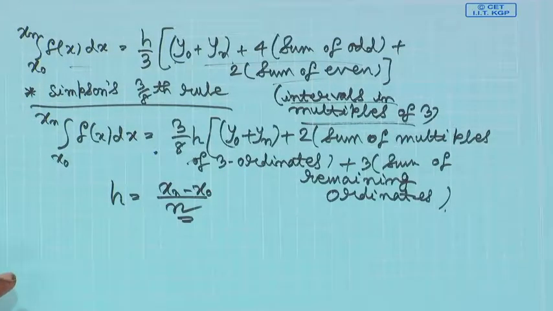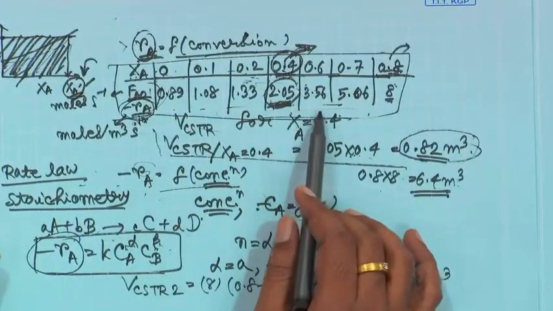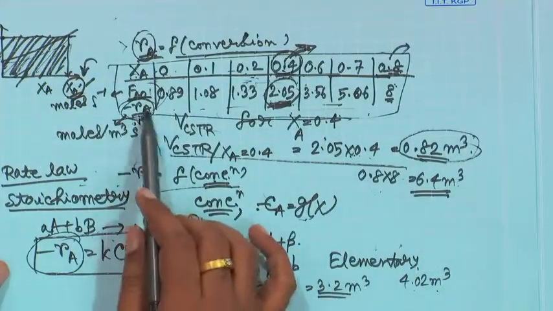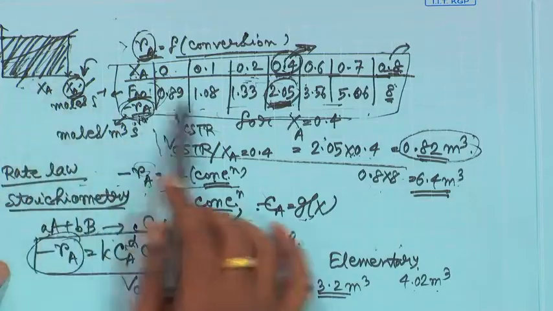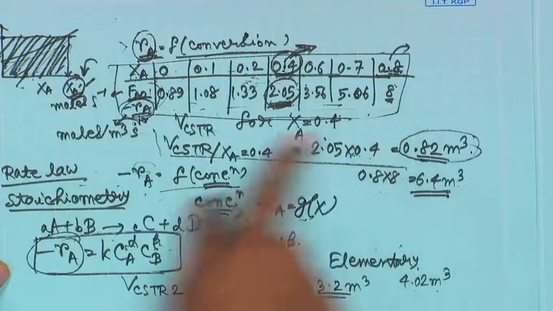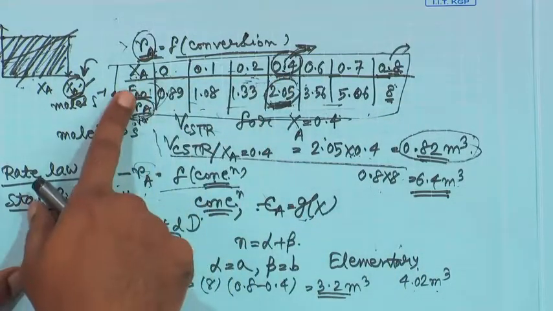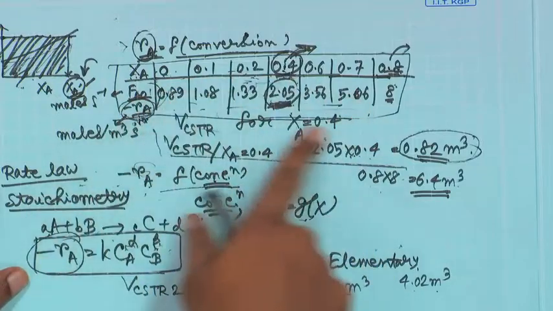So, what we will do now is the following. Let us go to the same table, where we are trying to find out the volume of the plug flow reactor necessary for this system to get 40% conversion X_A, with values of F_A0 by minus r_A.